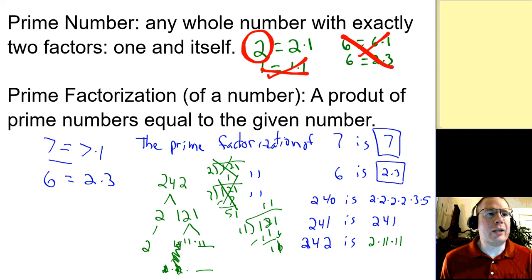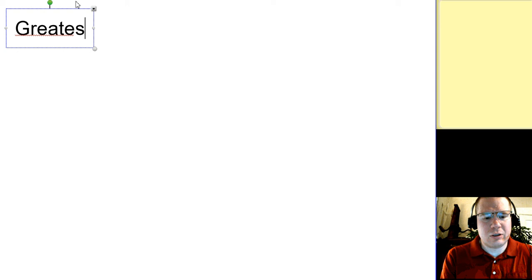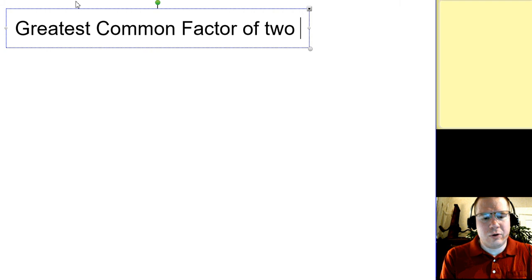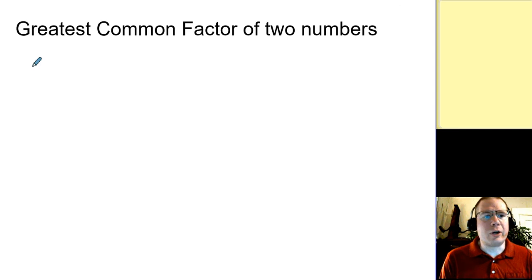Knowing that lets us very easily and quickly discover the greatest common factor of two numbers, and eventually the least common multiple of two numbers. We're going to use the prime factorization for both of those. Right now, we're just going to look at GCF, greatest common factor.